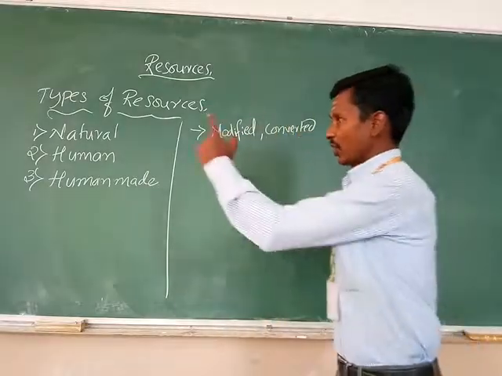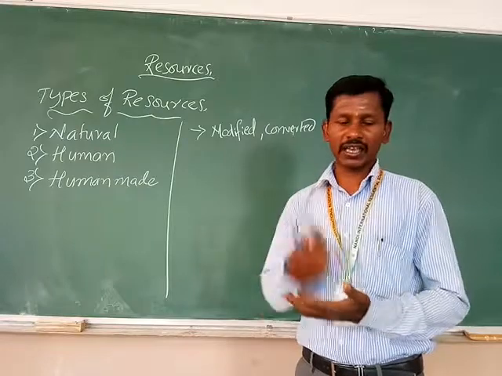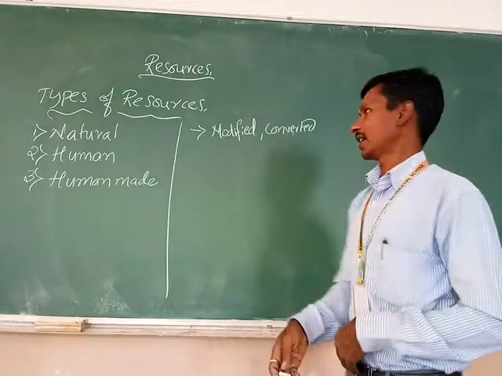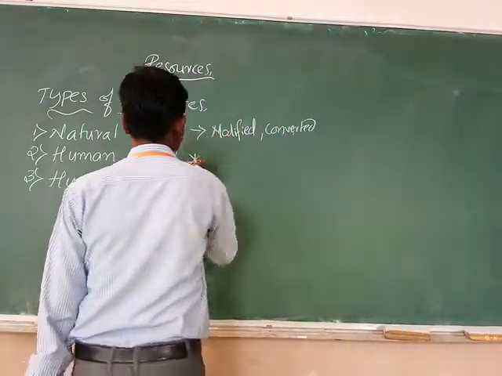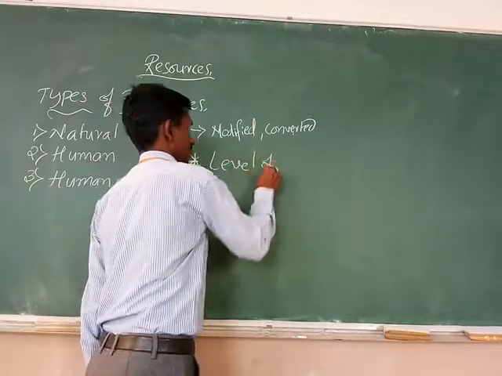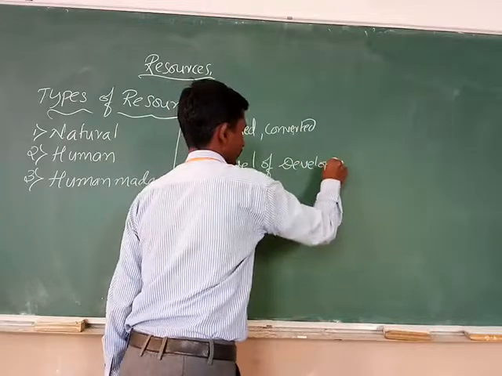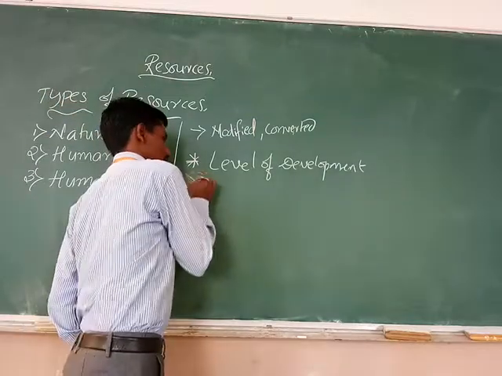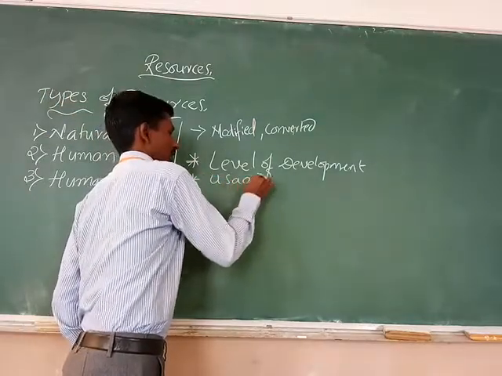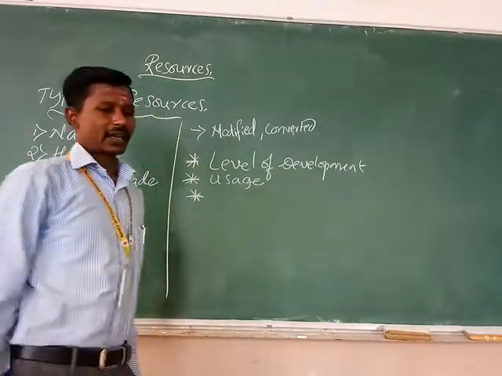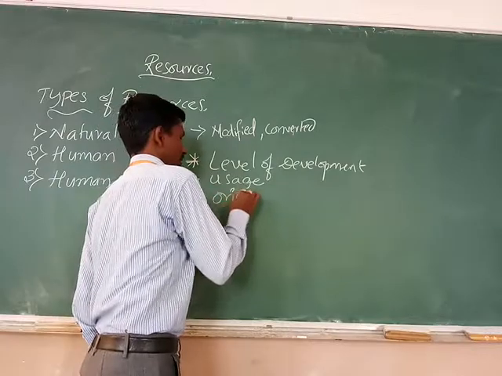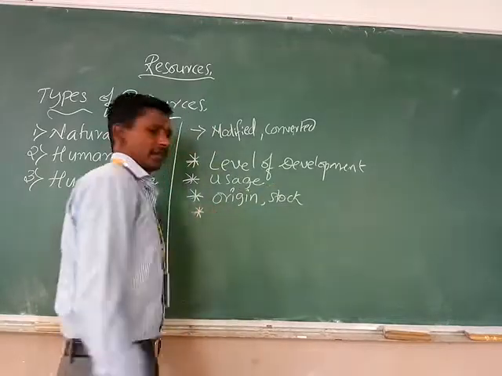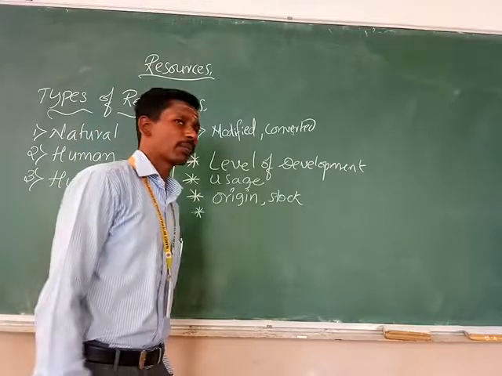Then natural resources are further categorized, classified into different categories or groups based on level of development, then based on usage or use, based on origin, stock, and based on distribution.